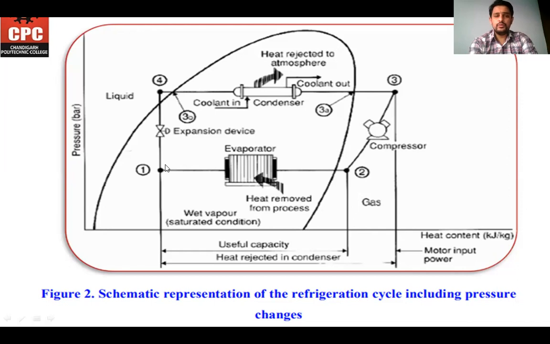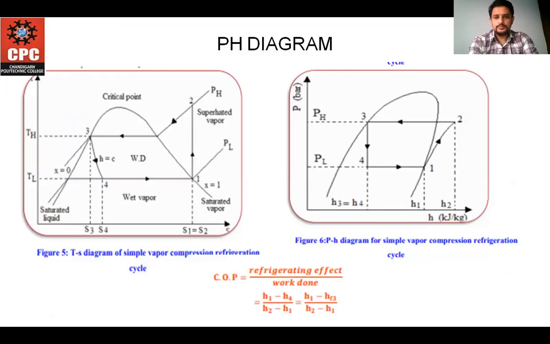And from 4 to 1, there is an expansion device which reduces the pressure and simultaneously reduces the temperature, and turns the high pressure liquid into low pressure, low temperature liquid, which causes cooling. So today, this is your pressure enthalpy diagram, and this one is your temperature entropy diagram for the vapor compression cycle.